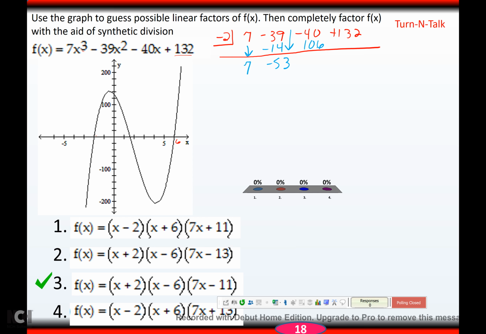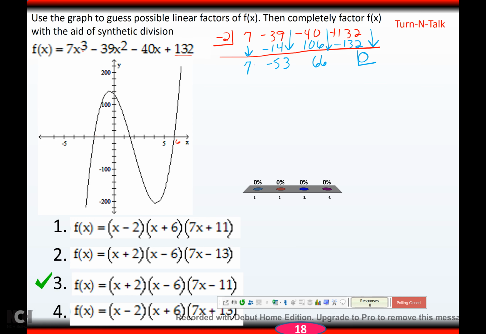Brings back -40 eats 106 and comes out 66. 66 times -2 is -132. +132 eats -132 and zeros my remainder, which it better have been, or my graph is lying to me.